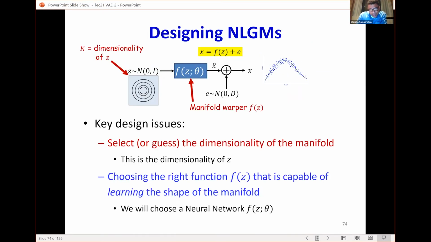But once we know that, the design choices when I'm trying to learn a model of this kind for some data are to first guess the dimensionality here, then choose the right function that's capable of learning the shape of the manifold. And this function is where we're going to stick in a neural network. This making sense?